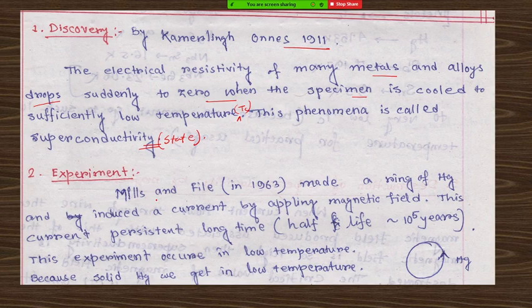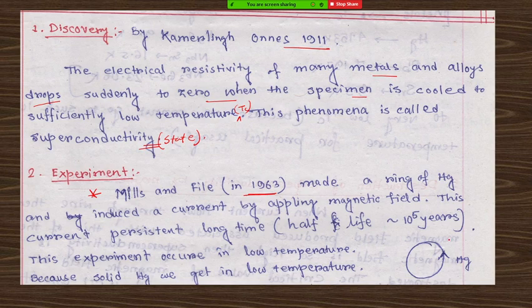Another property of the superconductor is very important. If we supply a current within the superconductor, it will run for years without any decay or loss. The experiment was done in 1963 by Mills and File: a ring of Hg, and they induced a current by applying a magnetic field.